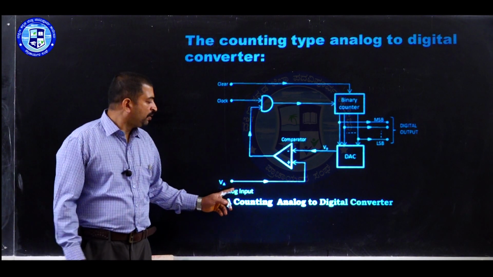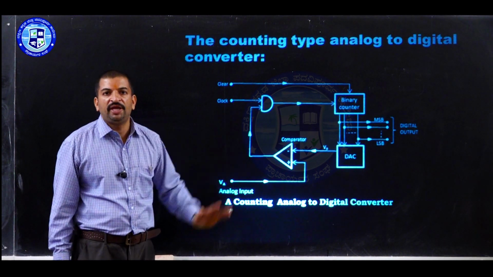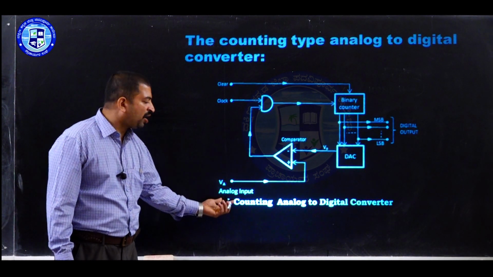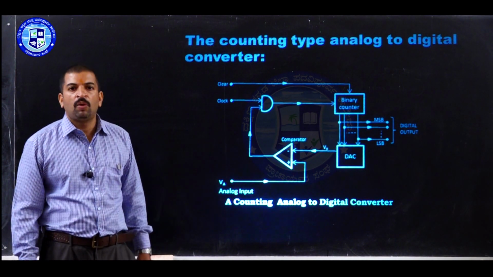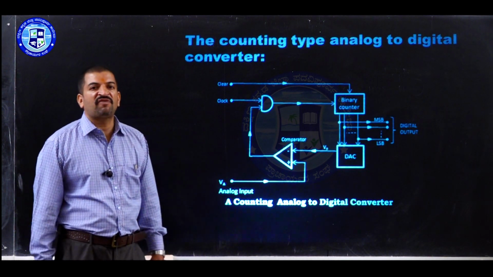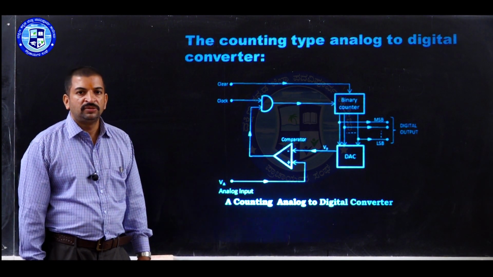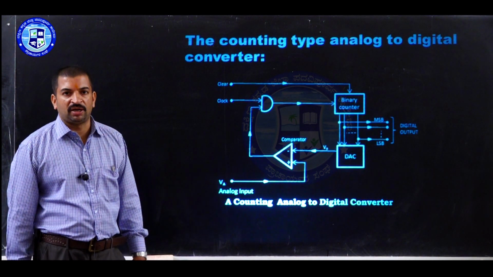Now here VA is the analog input which is to be converted into digital. This analog input signal is applied to the non-inverting input terminal of the op-amp. Now the comparator also consists of another input which is the output of a digital to analog converter.